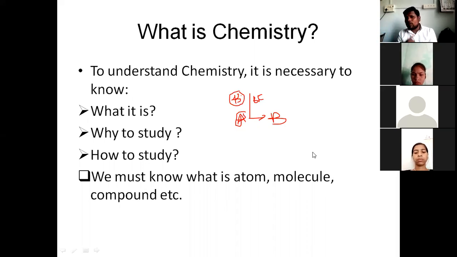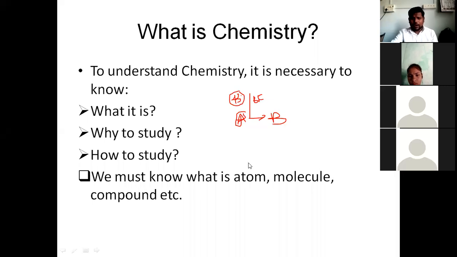You can also go on websites and use different YouTube videos and links regarding your topic, regarding chemistry, and you can understand the topic very well. So we must know what is atom, molecule and compound. When we are going to study chemistry, you should know about atoms, molecules and compounds.